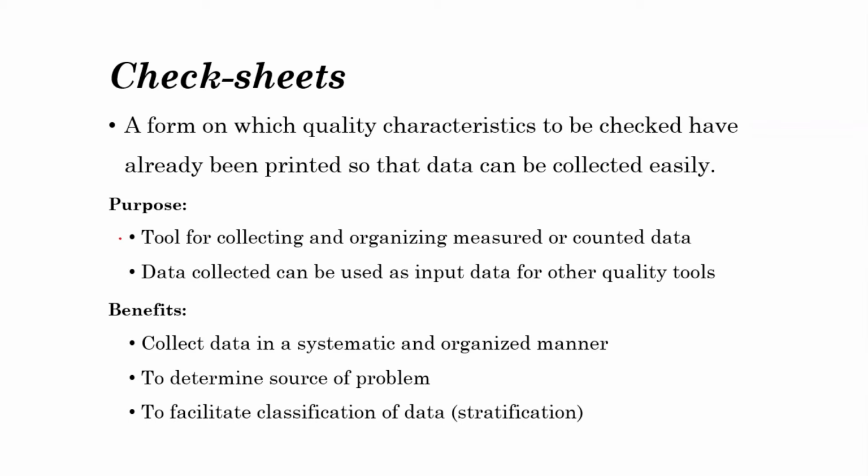So for consistency of data collection and for making it systematic, we are going to use a systematically developed check sheet. A check sheet is a form on which the quality characteristics that you desire to investigate are written, and it makes data collection very simple and consistent, no matter who is collecting the data. That is the first critical intention of a check sheet.